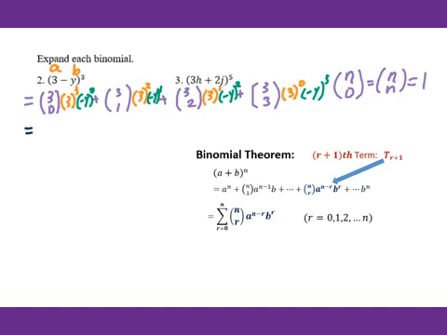Then we work this out. You got 27 here. This one, that's 3 times 9 times negative y. Therefore, minus 27y. For here, it's 3 times 3 times y squared.